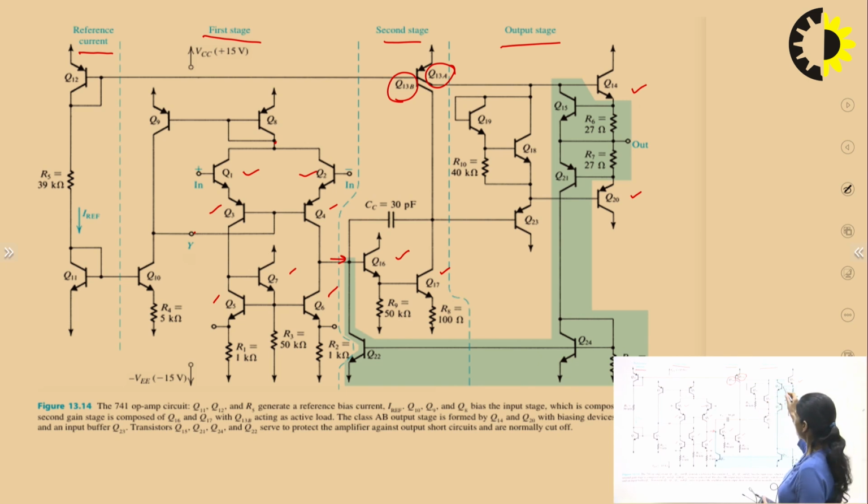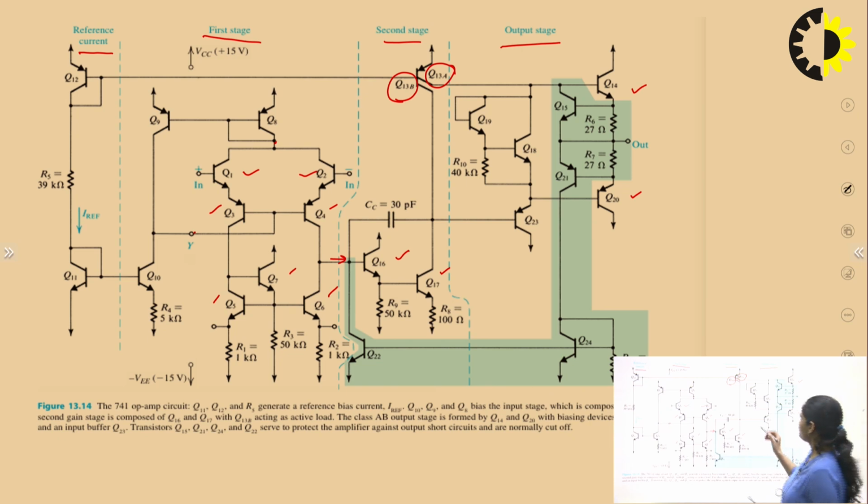These are transistors Q15, Q21, Q24 and Q22. These transistors are for short circuit protection. Now why are we connecting short circuit protection transistors here? To protect the circuit, for shorting, by using this short circuit protective circuit.